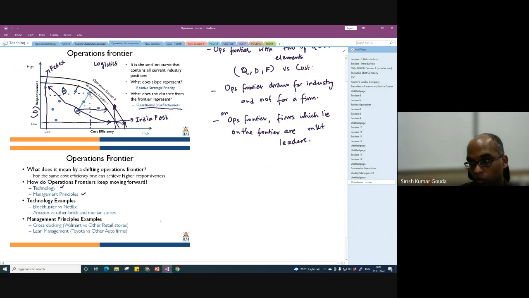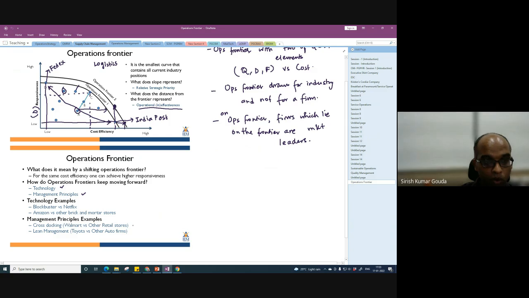This process is called cross docking. You can read more about this online, and I can also share some material on this. So this is how organizations changed and brought about management principles which brought a lot of changes.